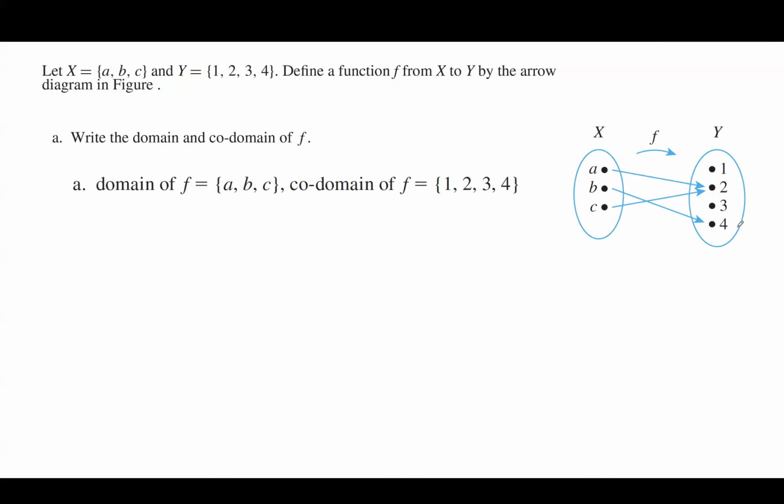You're going to list them all. Question says, find f of A, f of B, and f of C. So if I plug in A into this function, what's the output value? The output value for f of A is 2. The output value for B is 4. The output value for C is 2.